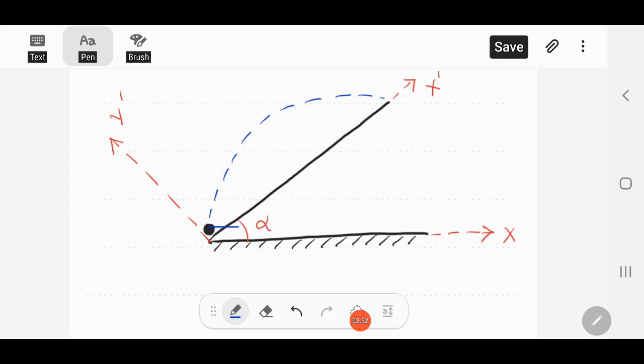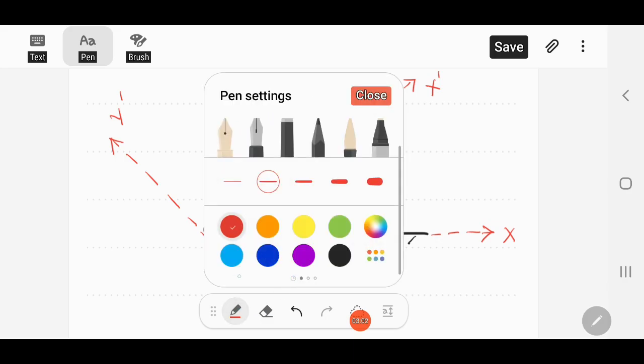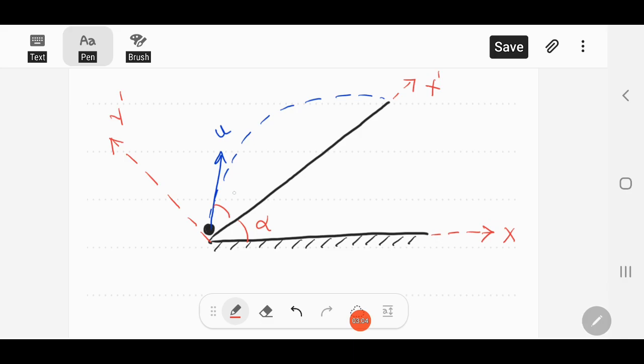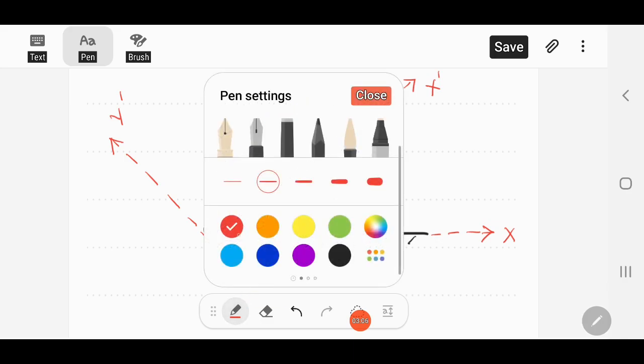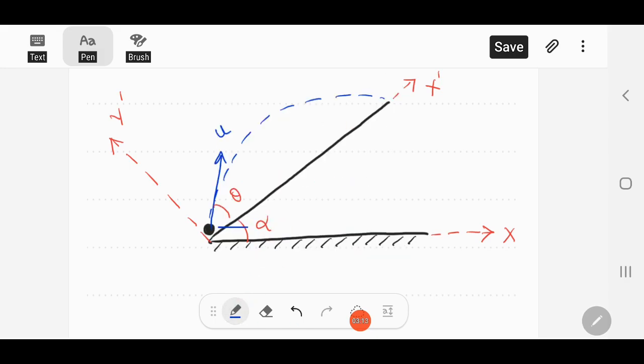If you can see here, this particle is thrown upwards with an initial velocity u. If we consider this angle to be theta, then we can resolve this initial velocity vector into two components.